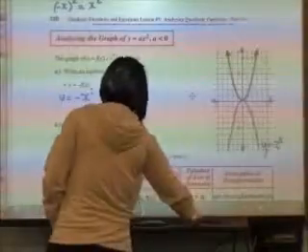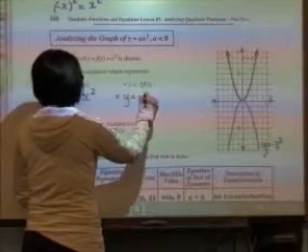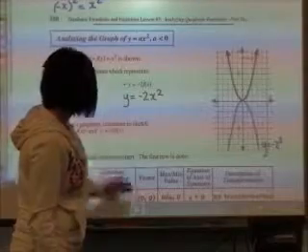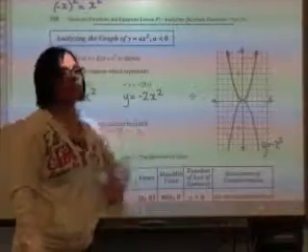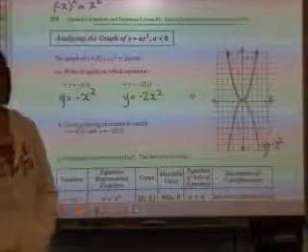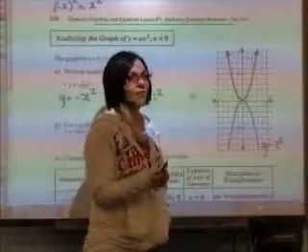And then if I have -2f of x, I get -2x squared. So what does the 2 do to the graph again? It makes it skinnier. It's that vertical stretch by a factor of 2.